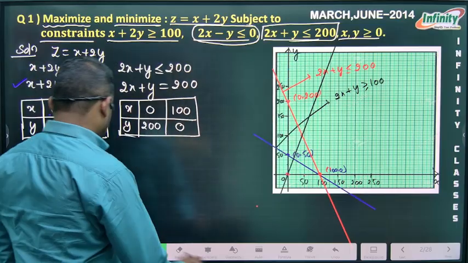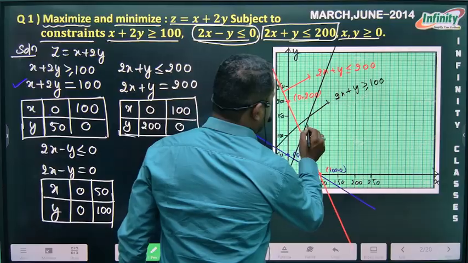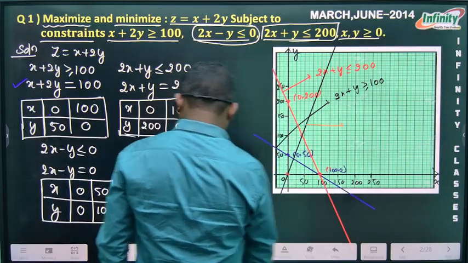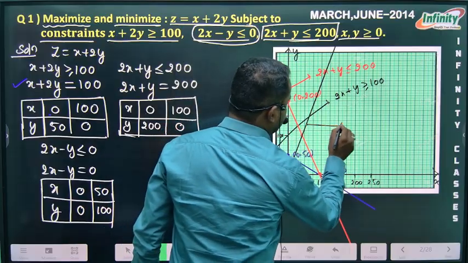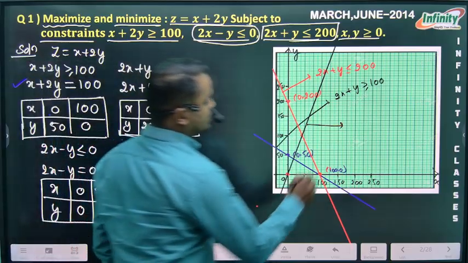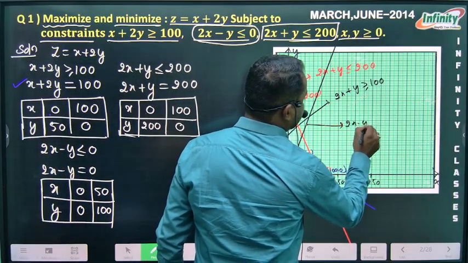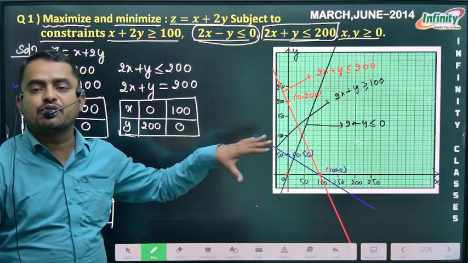So we have to write the equation for this line also, that is 2x minus y less than or equal to 0. So in this manner we have to first draw the graph.